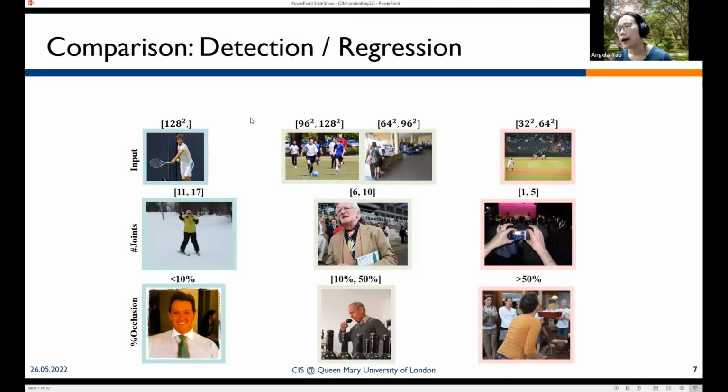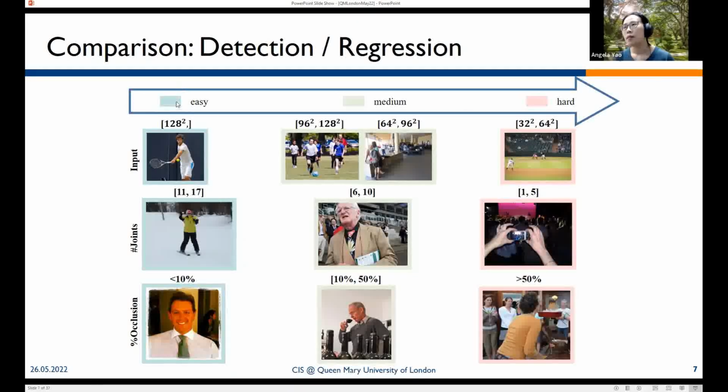If you notice, I've color-coded each of these groupings, because we've deemed them based on the level of difficulty, from easy all the way to hard. So if the resolution of the input bounding box is fairly high, or most of the joints are fully present in the scene. Don't confuse the occlusion with the number of joints.